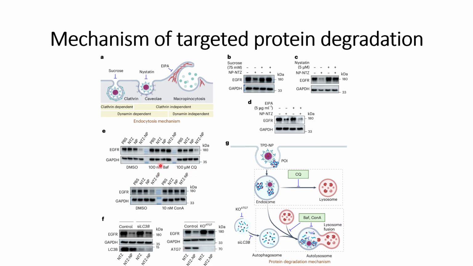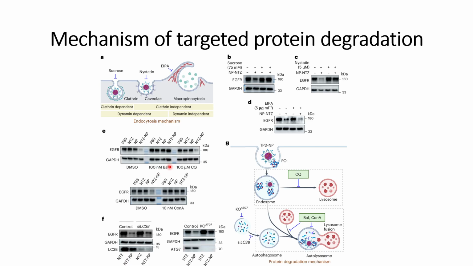With only 100 nanomolar BAF they are able to see almost complete recovery of the EGFR, indicating that it's the BAF that plays a role, but surprisingly chloroquine does not. The difference between BAF and chloroquine is that BAF also inhibits autolysosomes. So they think that autolysosomes are the final destination of these targeted proteins.